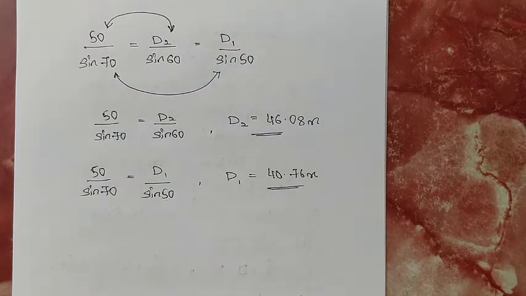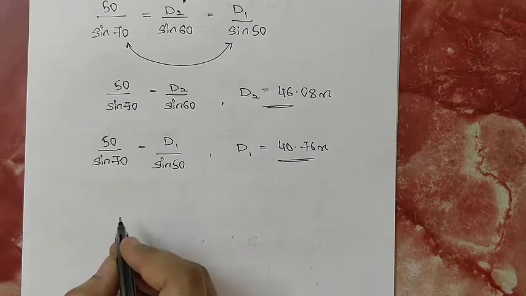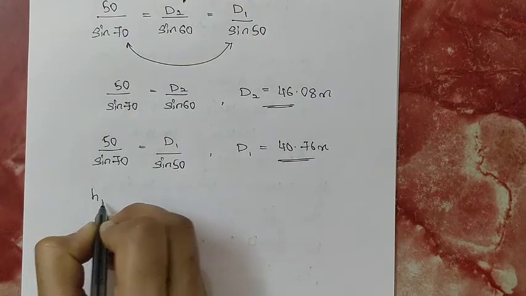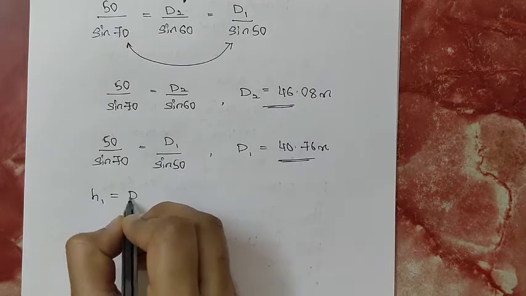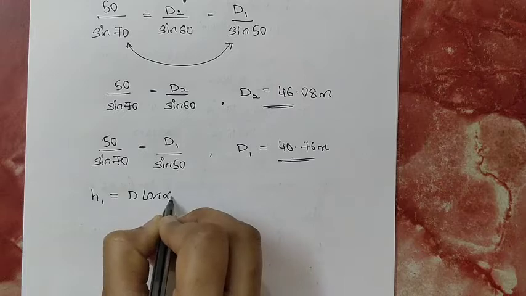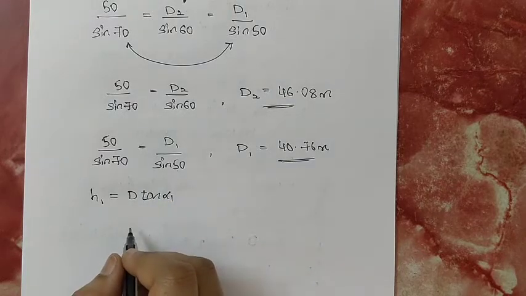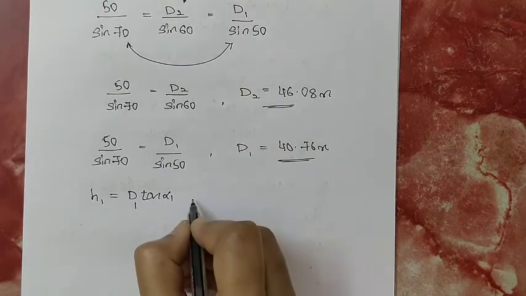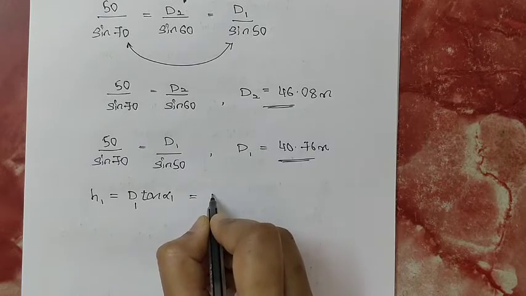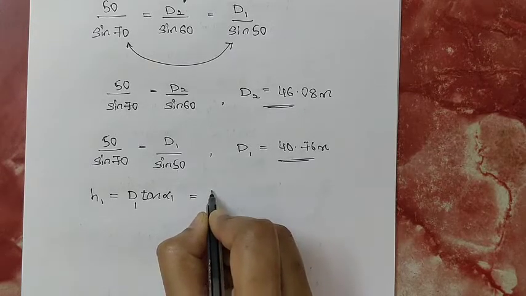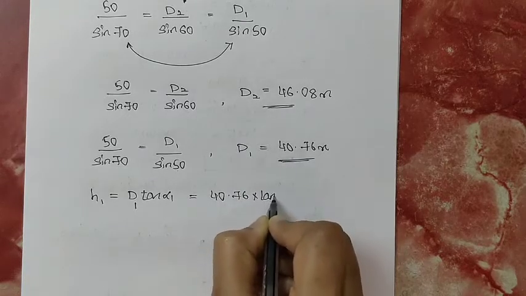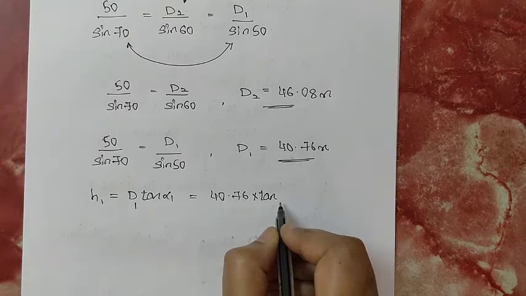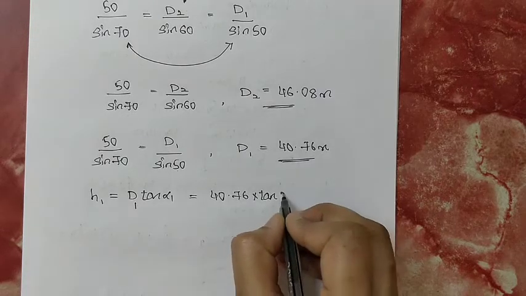Next you need to calculate the RL of that church spire. In order to calculate that, first you calculate the height from the instrument axis, H1, that is D into tan of alpha 1. H1 will be D1 into tan alpha 1. D1 is 40.76 into tan of alpha 1. Alpha 1 is 30 degree.